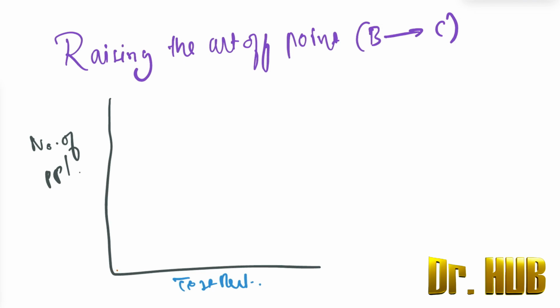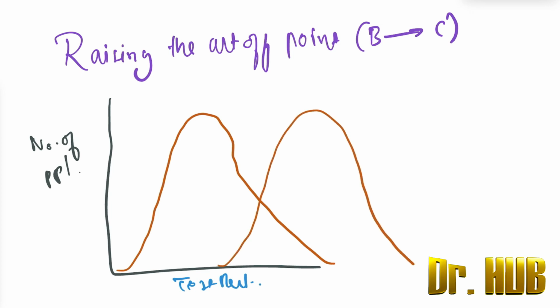To begin with, we are going to draw two peaks. And here what you are noticing is that there is more of the false negative.